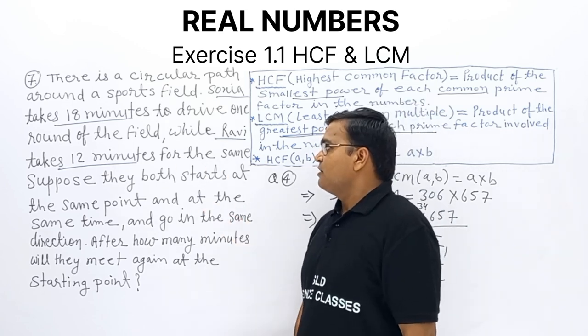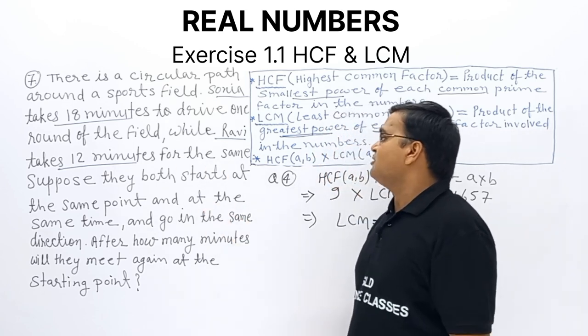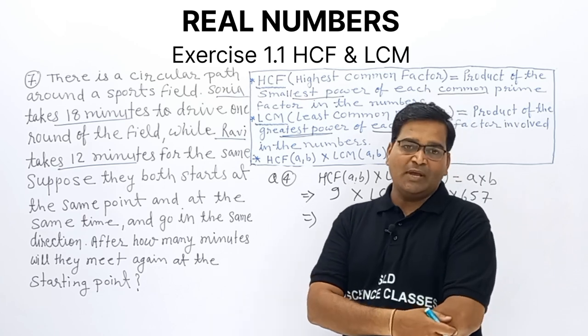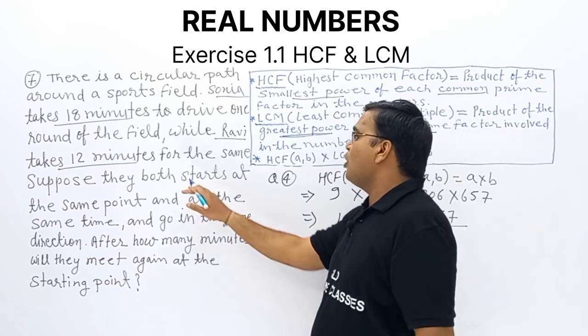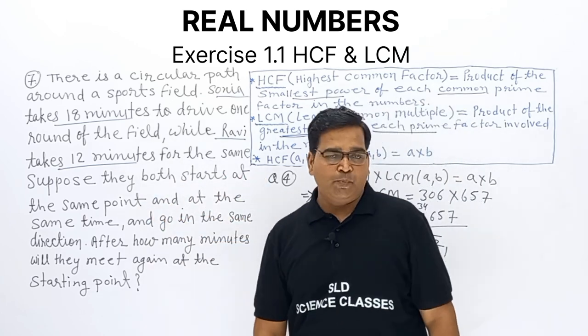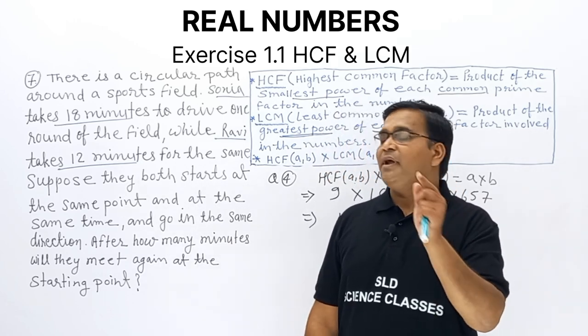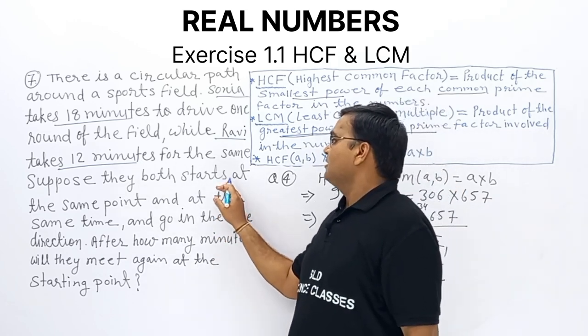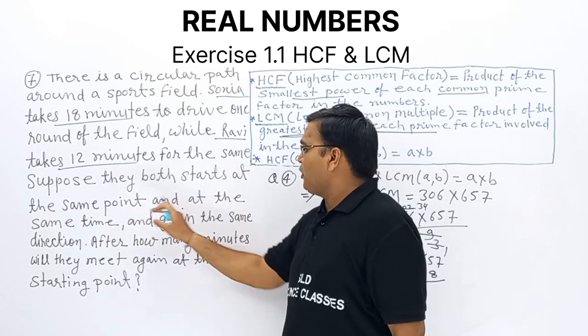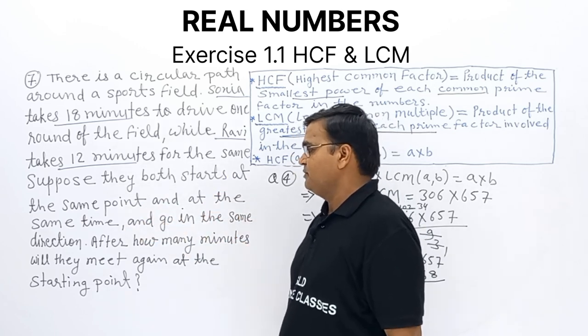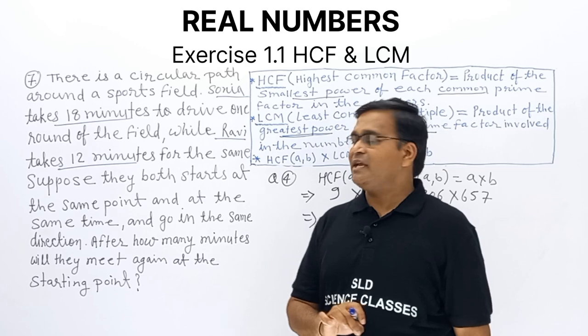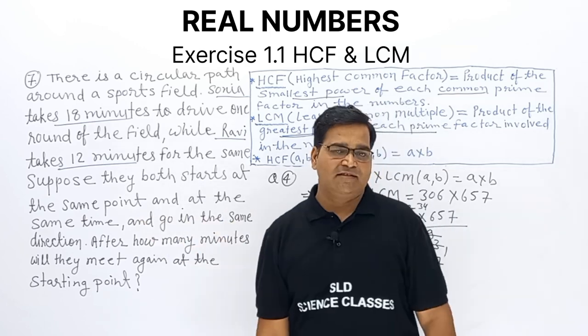Suppose they both start at the same point. We are assuming both start at the same point. Ravi and Sonia start at the same point, at the same time, and go in the same direction.